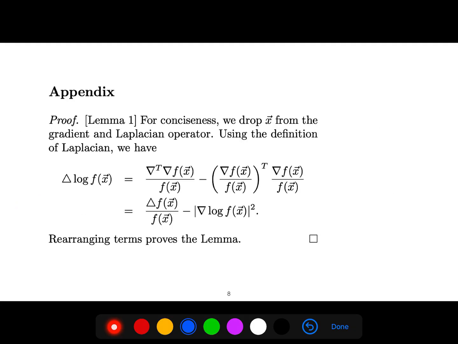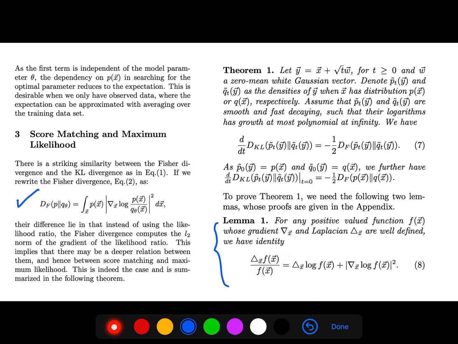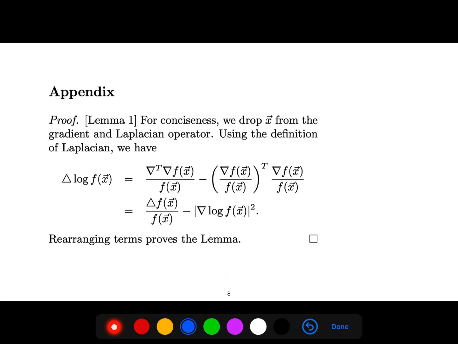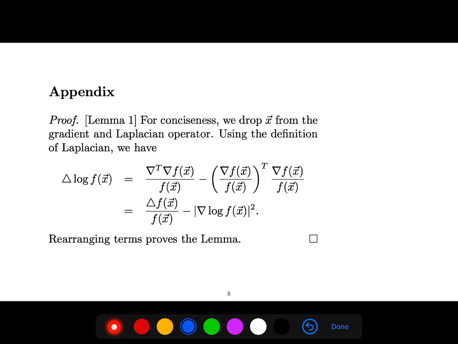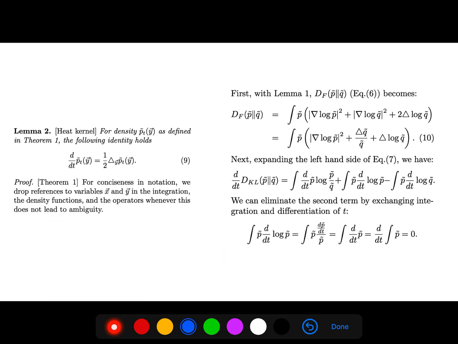In the appendix, they prove this lemma: for any positive valued function whose gradient and Laplacian are well defined, we have this relationship. The proof is very simple. We just use the definition of the Laplacian.